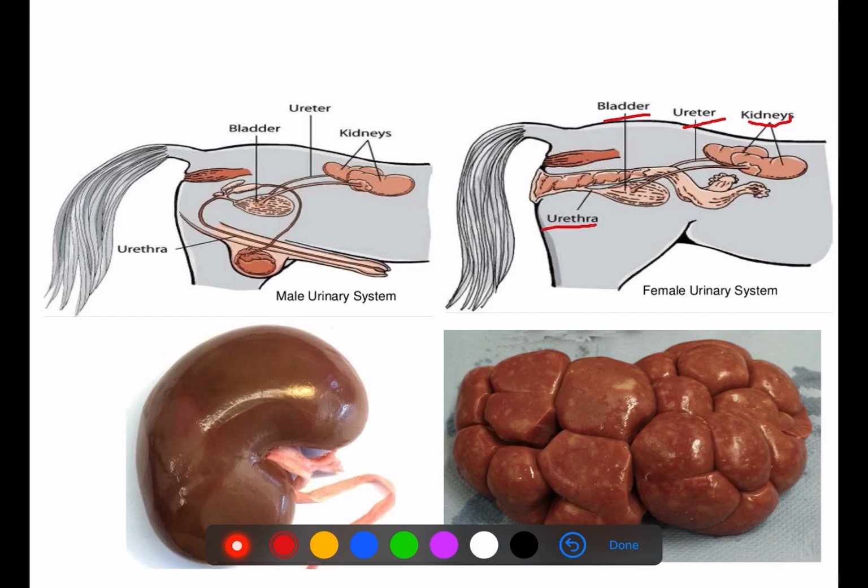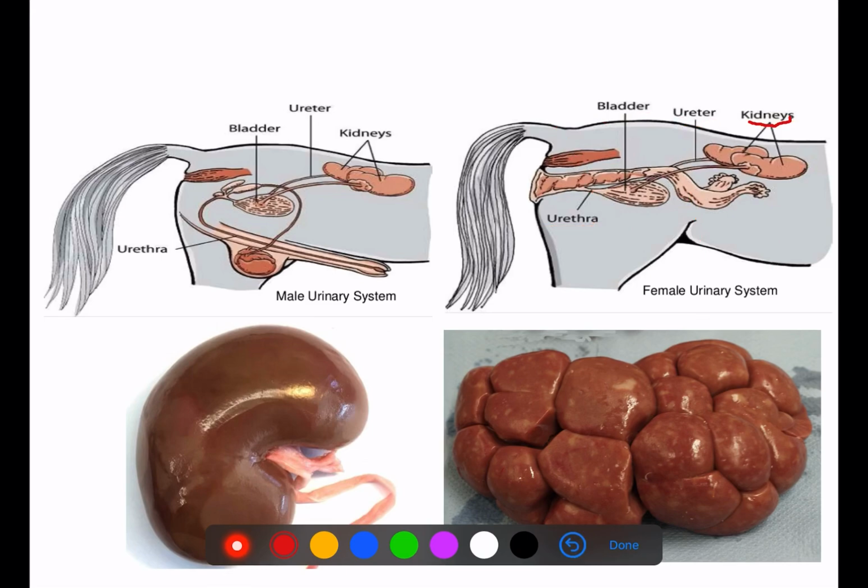The anatomical location of these parts is mainly within the pelvic cavity, while the kidney is within the abdominal cavity. The location of the urinary system varies from species to species of animal, and from male to female.